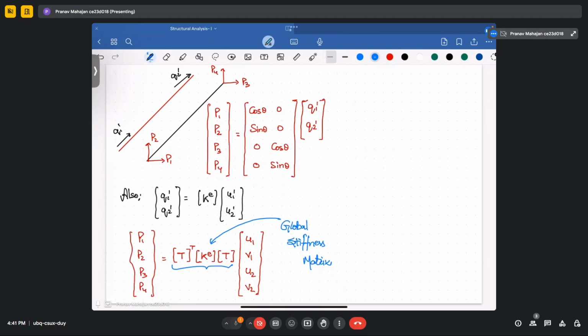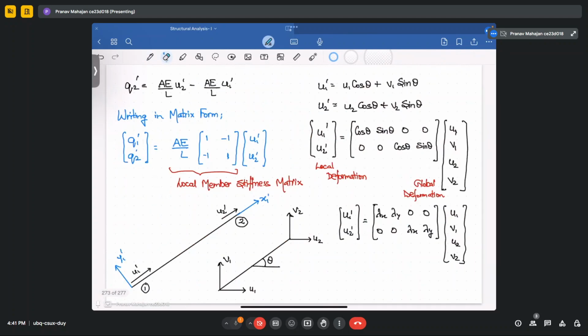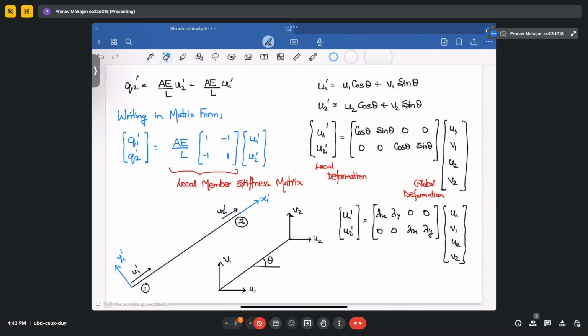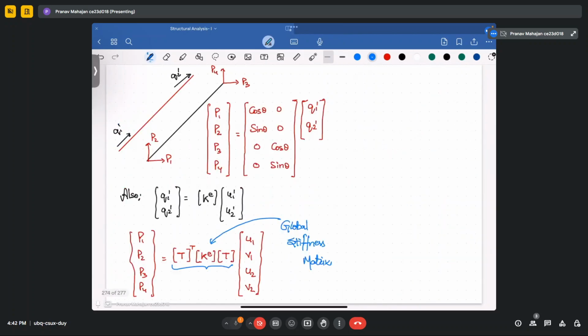So first of all, you calculate the local stiffness matrix in this form. Afterwards, you derive the equation for the deformations in the global system, and then substitute the values of U1, U2, U3, U4 to get the values of P1, P2, P3, P4, which are the forces in the global system.